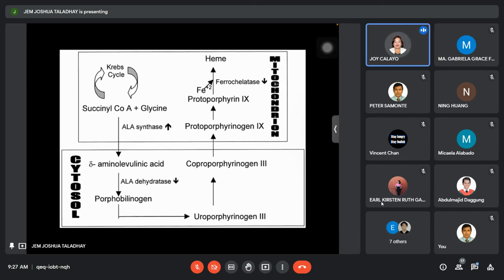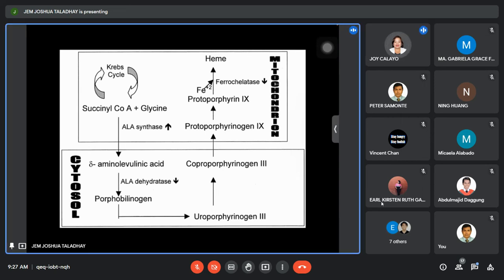Okay, so since it is the hepatocyte and the liver that is involved in this process, can you say that if there is liver disease, it can affect heme synthesis? Yes, ma'am. I think it has a correlation with the underlying condition that I discussed last week regarding the liver adenomas and how they affect hepcidin.